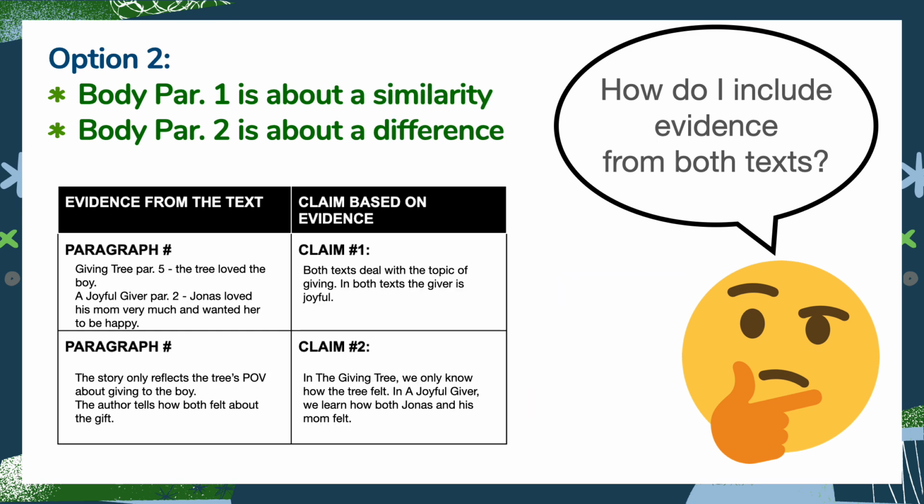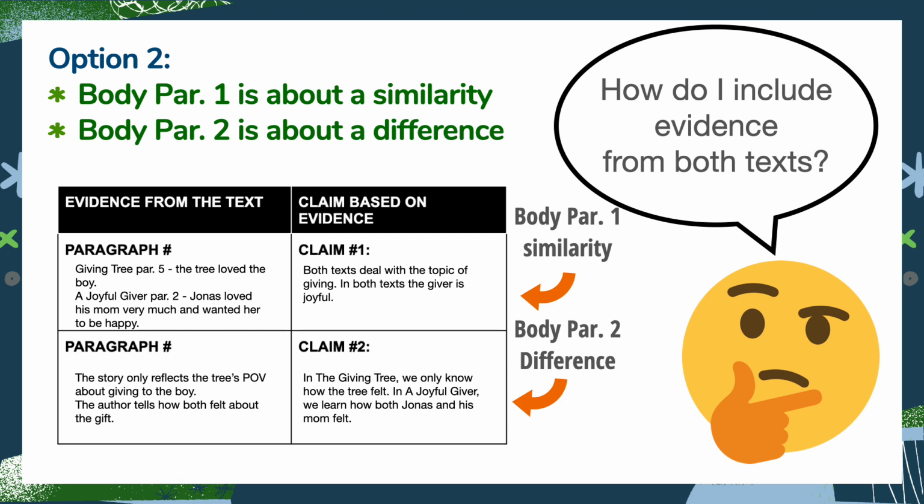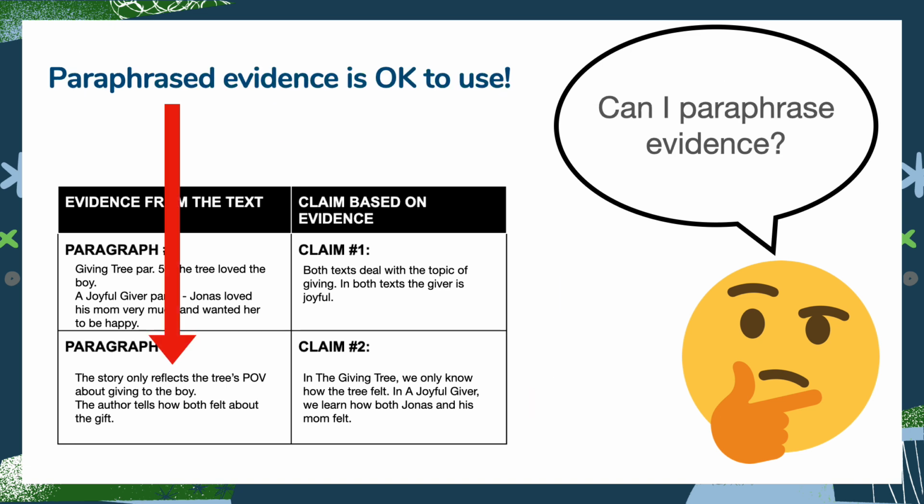Here is an example of how your 2x2 chart can look if you are asked to write about a similarity and a difference. Body paragraph 1 could be about the similarity between the two, and body paragraph 2 could be about the difference. It is absolutely necessary that you locate specific evidence from the text to support your claim.